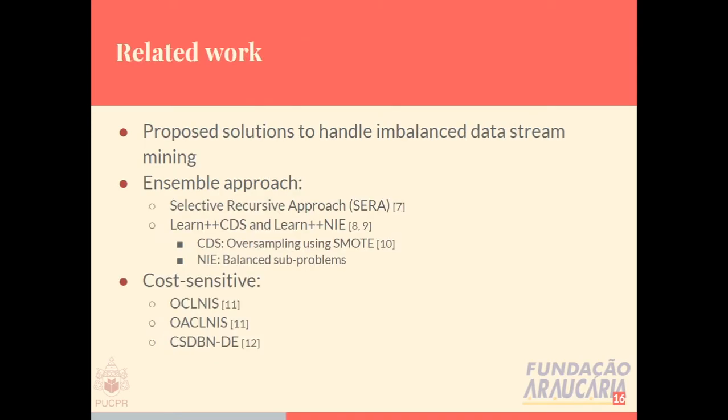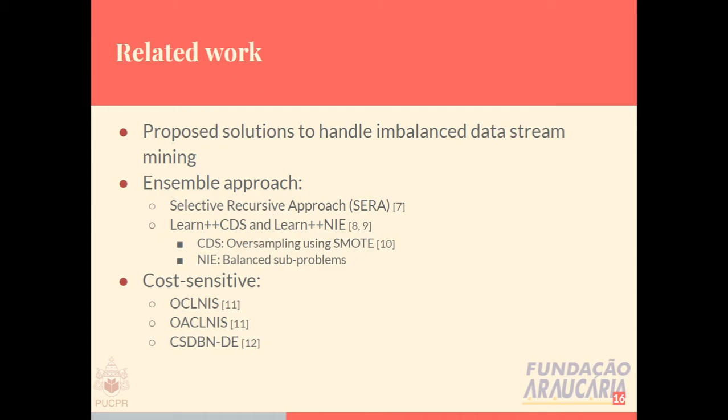Well, to handle imbalanced data streams, we already have some proposed solutions. SERA, a selective recursive approach, consumes the data stream as successive batches and reuses the positive examples from the previous batches to decrease the degree of the imbalance of the current batch.